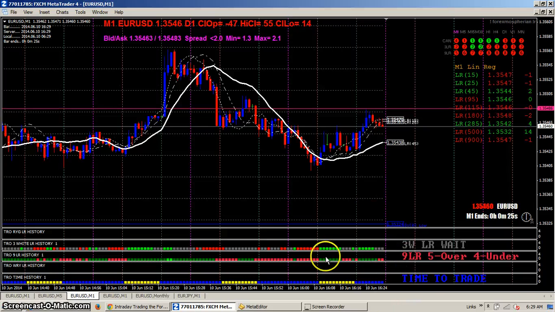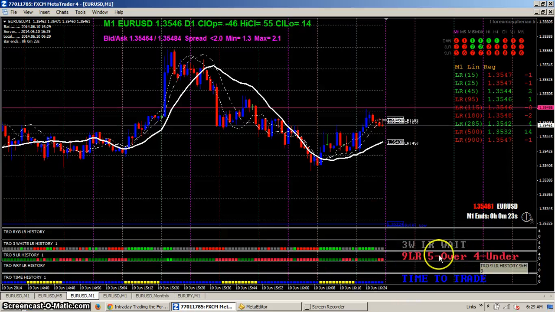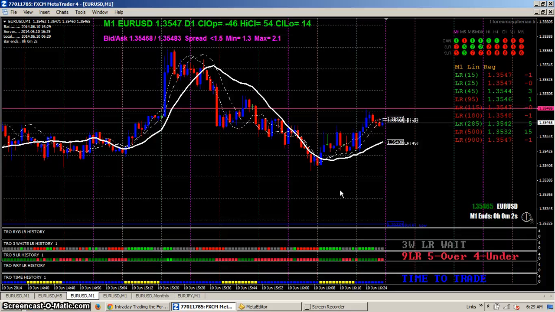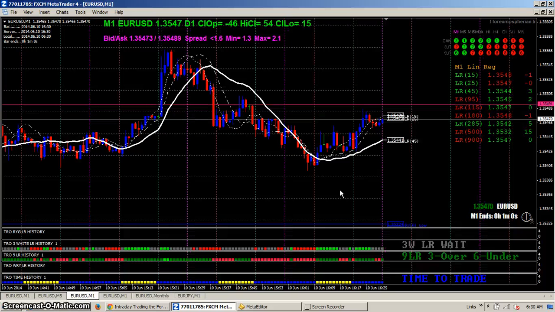Because when I wrote these history indicators, I saw the five. I said, hey, you got 5 over, 4 under. And so when I made the multimeter, it's like, well, yeah, we need to know that here too, so we can see on all time frames, all the different chart periods, exactly where price is in relation to the LR, or where the LR is in relation to price. You can look at it either way.